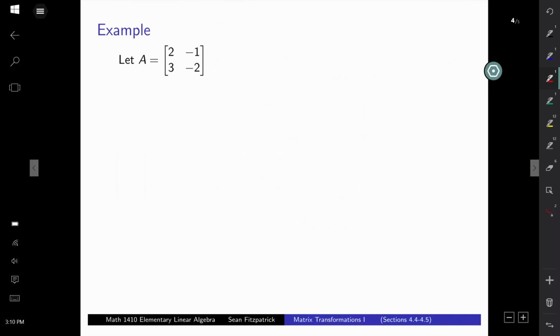Here's a very simple example. We want to use this matrix A to define T from R2 to R2 by T of x equals A times x. We can play around with that.